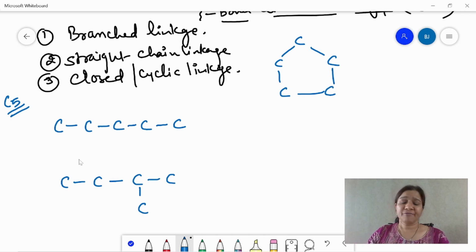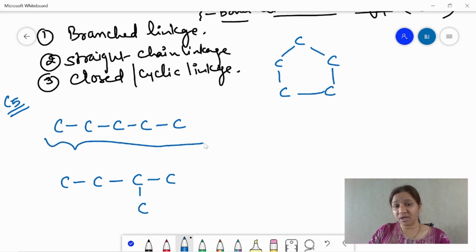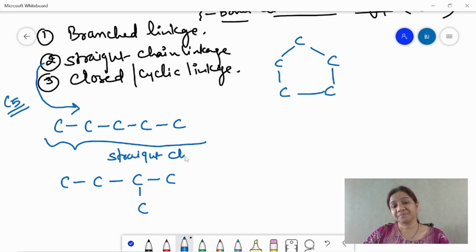If you are connecting the carbons in the form of a straight chain, then this is an example of straight chain linkage.